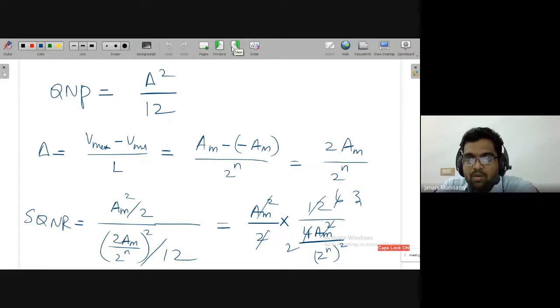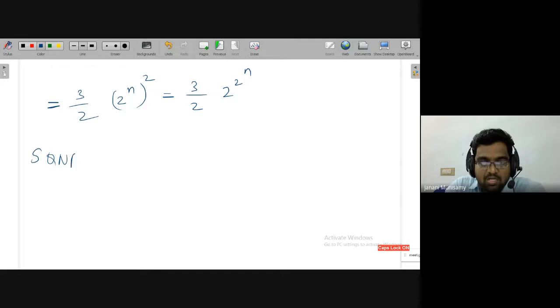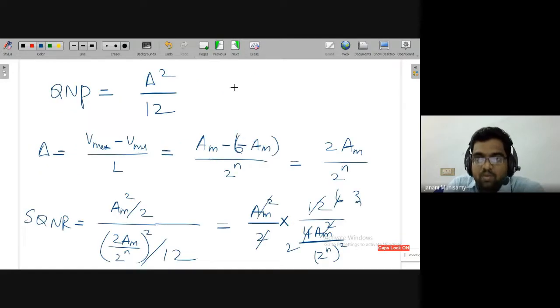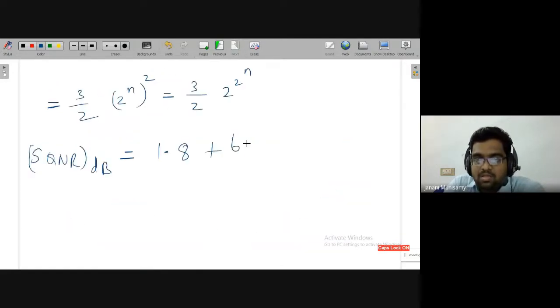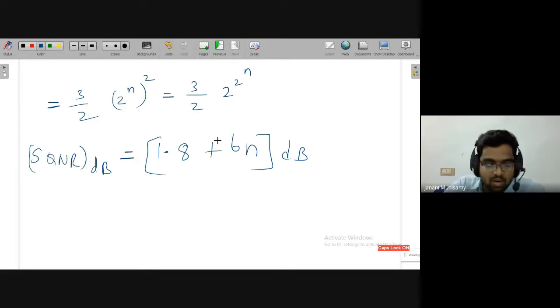Once you take the logarithmic value, once you represent the signal to quantization noise ratio in terms of dB, then the final answer here is 1.86, then n. We apply the 10 log formula. Nothing can be done to n, so it comes as 6n.